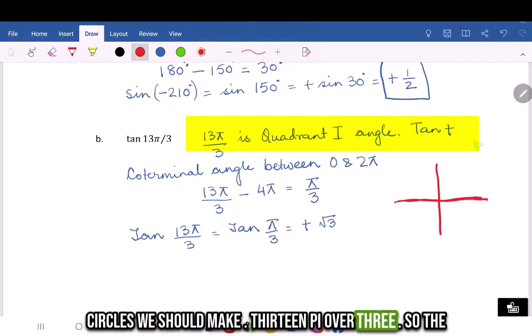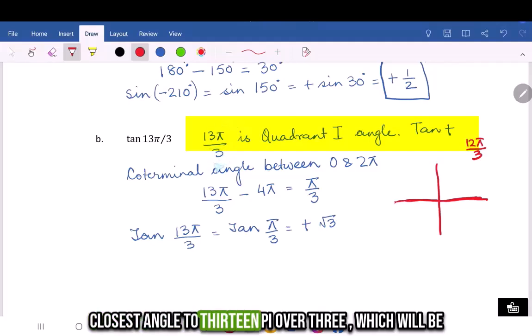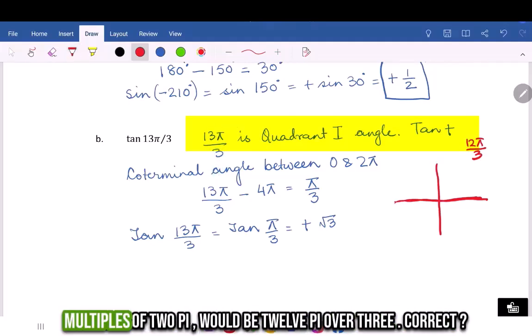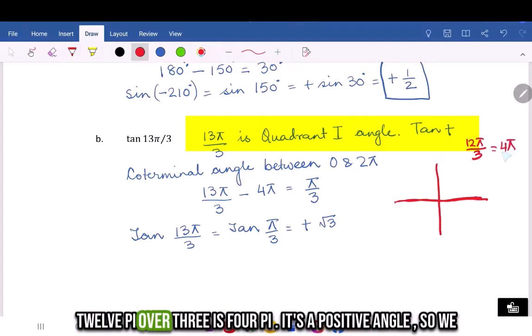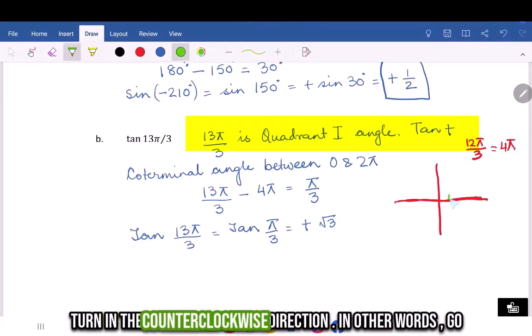13 pi over 3. So the closest angle to 13 pi over 3, which will be multiples of 2 pi, would be 12 pi over 3, correct? 12 pi over 3 is 4 pi. It's a positive angle, so we turn in the counterclockwise direction.